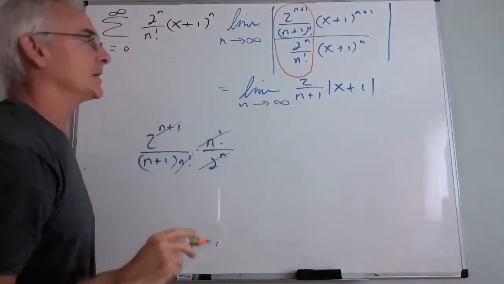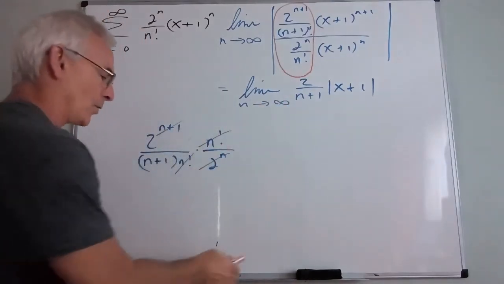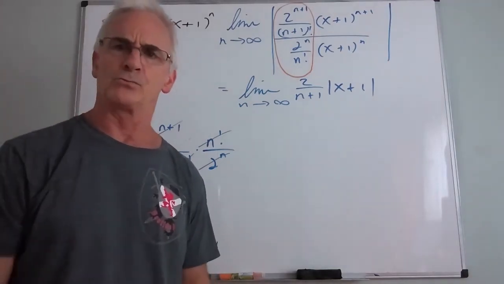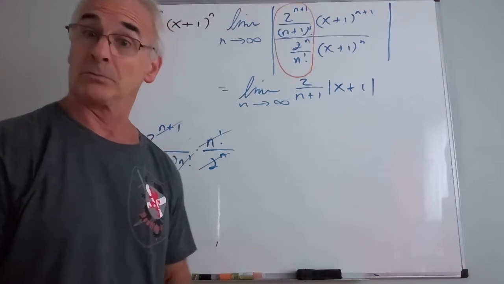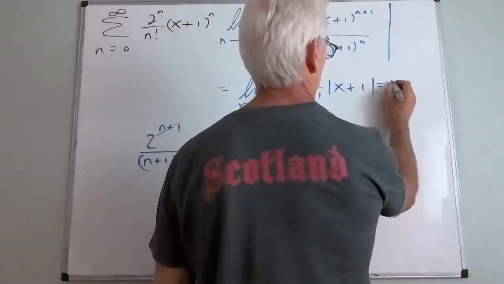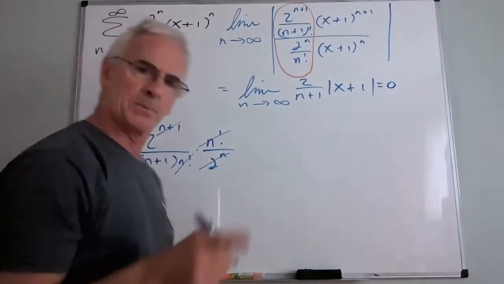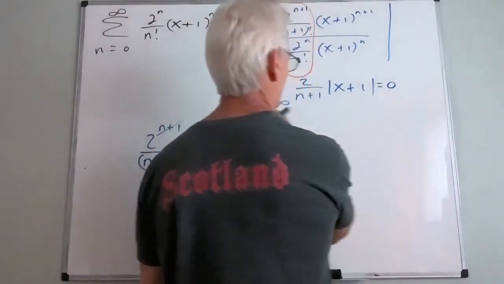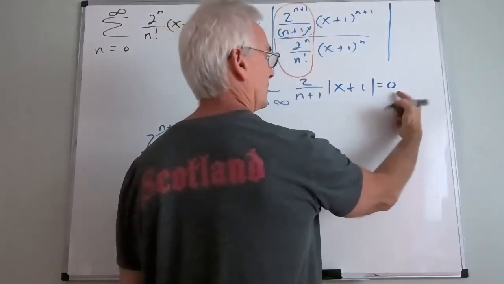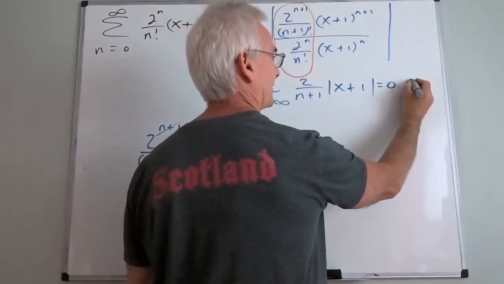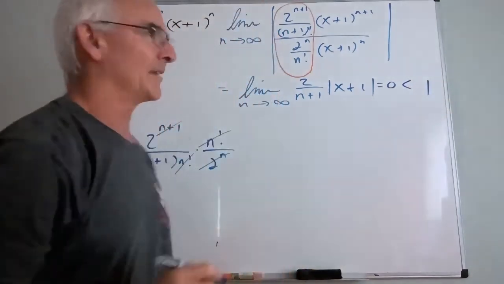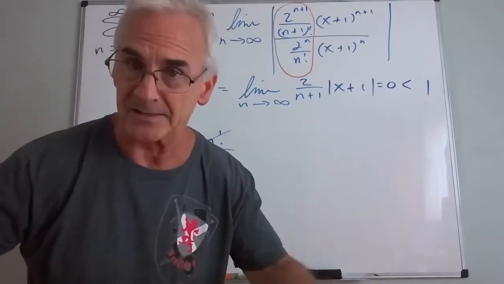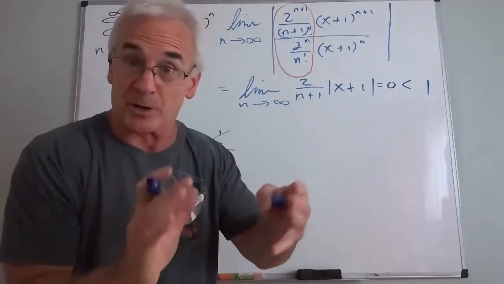Now, at this point, when I take this limit, what is this limit going to be? 0. I don't know, is that good or bad? And what are we comparing it to? We just did a ratio test, so what am I going to do now? Since it's less than 1. Now the first question on the first problem was, for what value of x is the limit of the ratio less than 1?